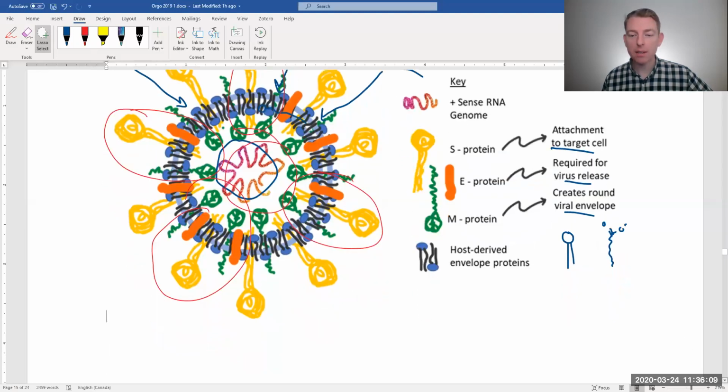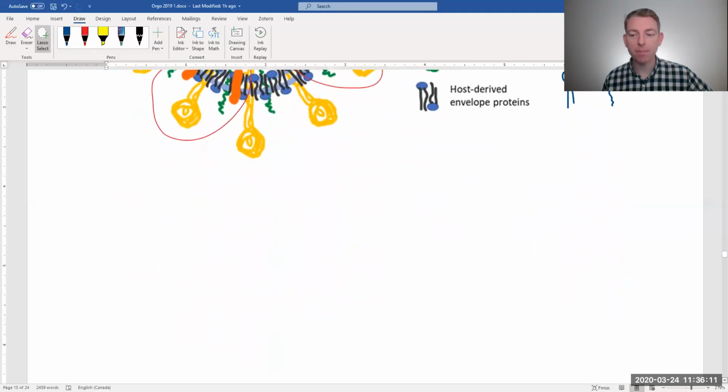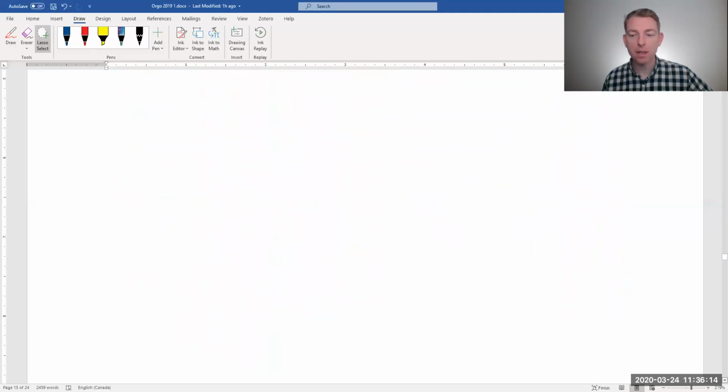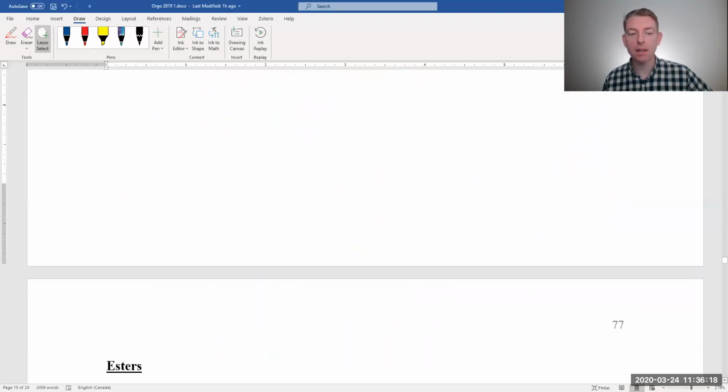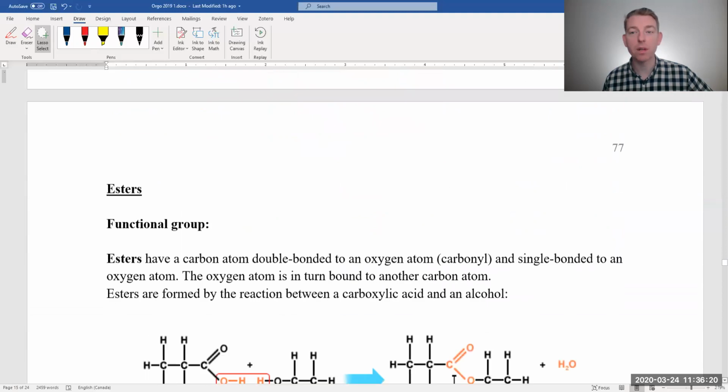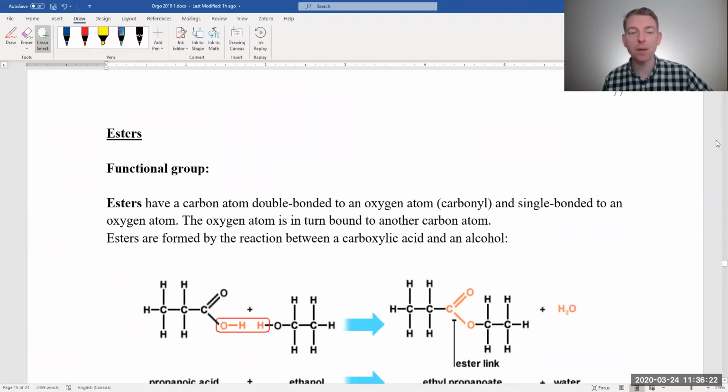So that's going to be it for right now. Just enough to say, basically, wash your dang hands, keep yourself safe, and trust soap to get the job done. Next video, we're going to move on with esters and amines and amides, and that'll cover it off for functional groups. Okay, so everyone, we'll see you next time.